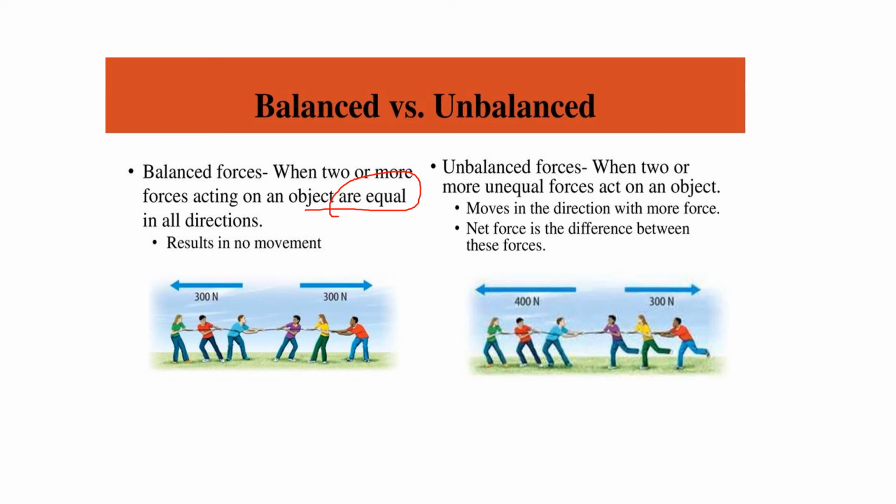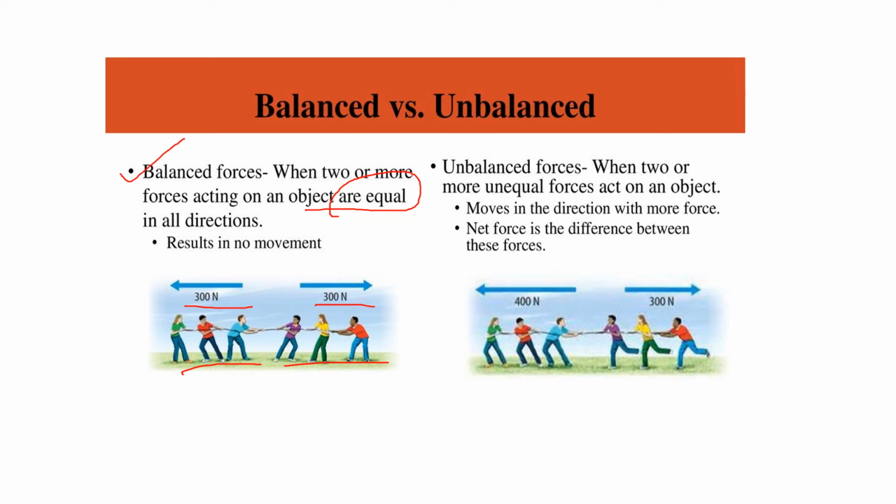Okay, so all the three persons over here on the left and on the right hand side, their forces are equal. So 300 Newton and 300 Newton here. As both the forces are equal on both the sides, there won't be any movement at all. So in that case, we call that kind of force a balanced force.